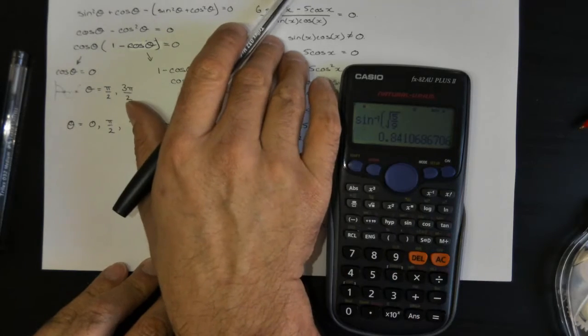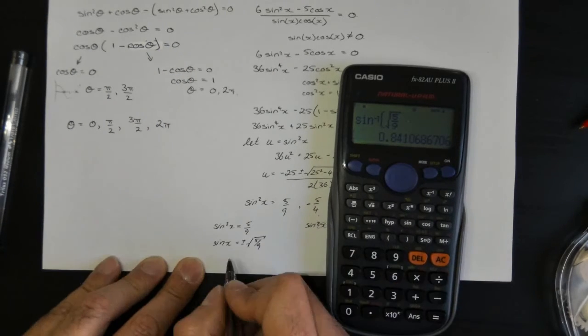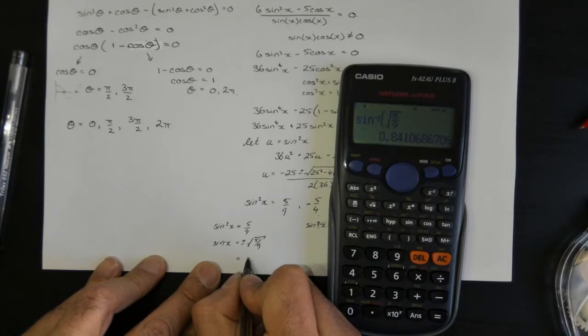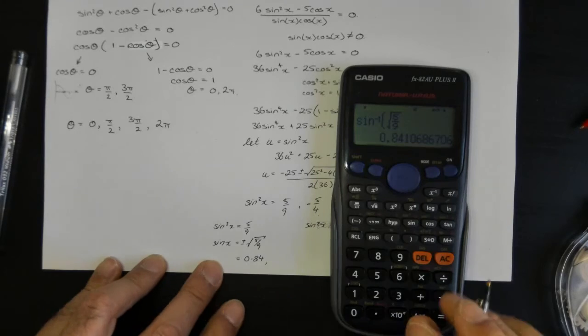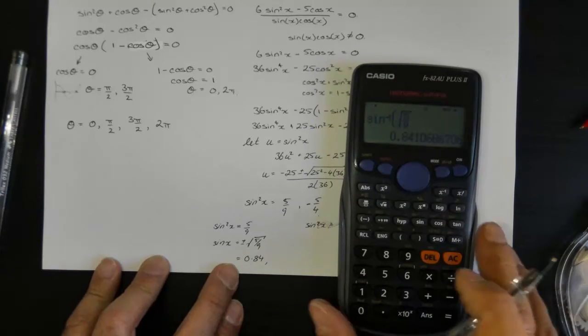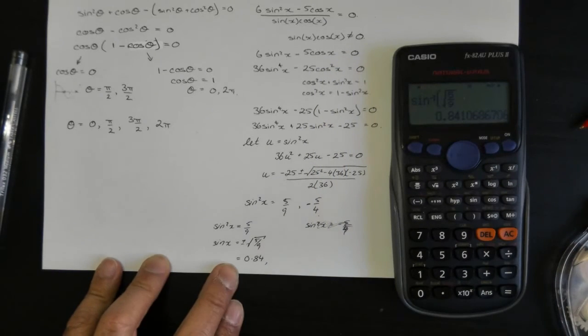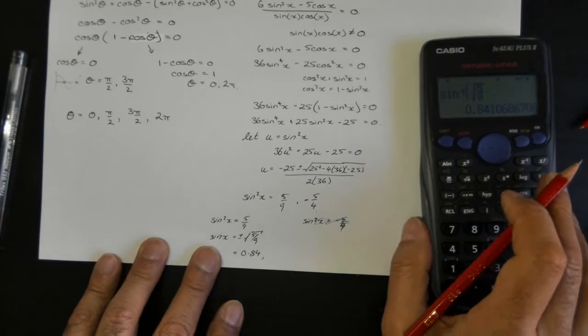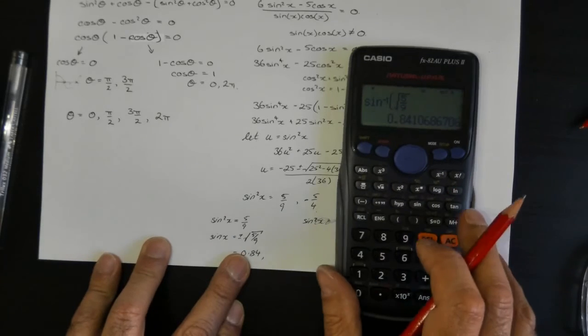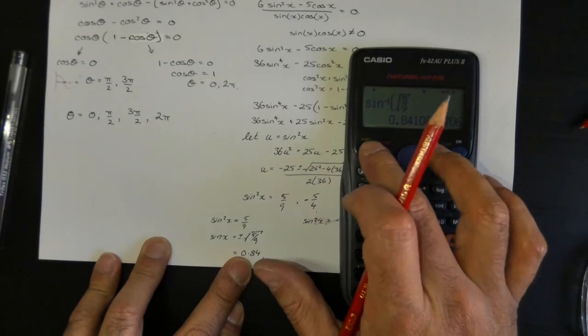I am in radians, so let's just do it to 2 decimal places. So we get 0.84, and okay. And we also want the negative.